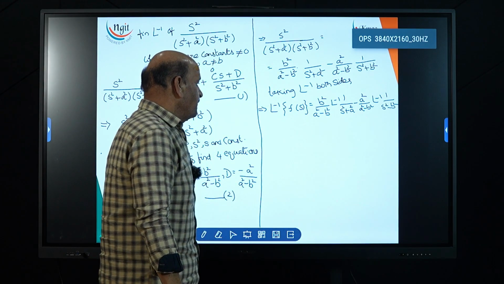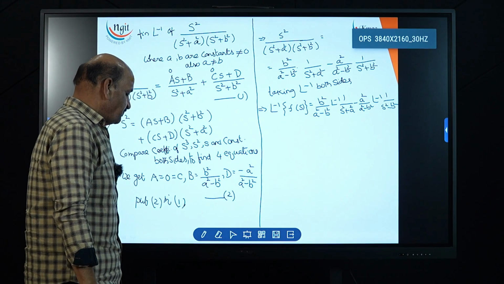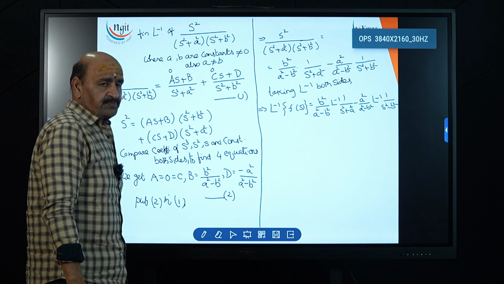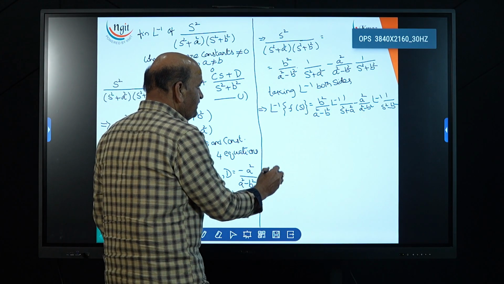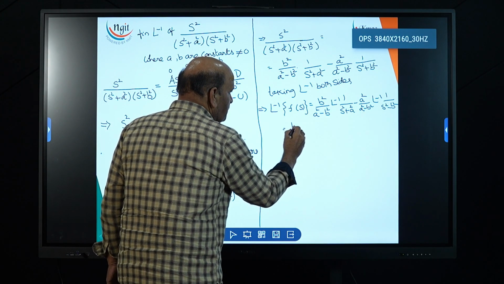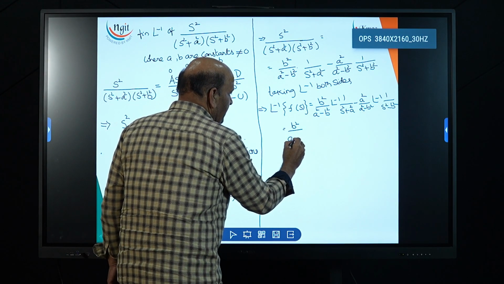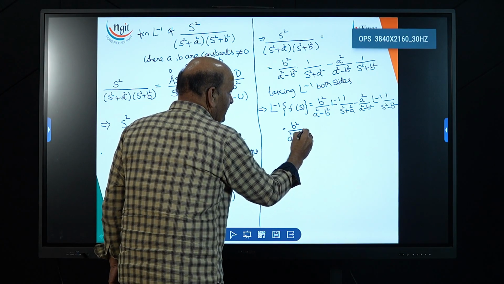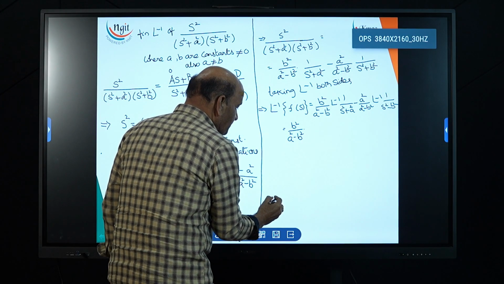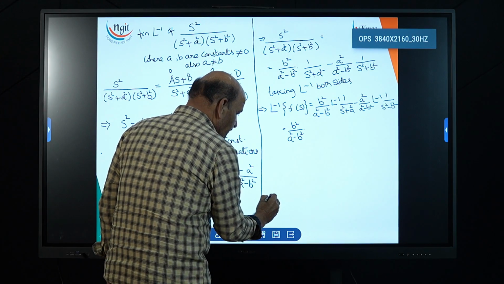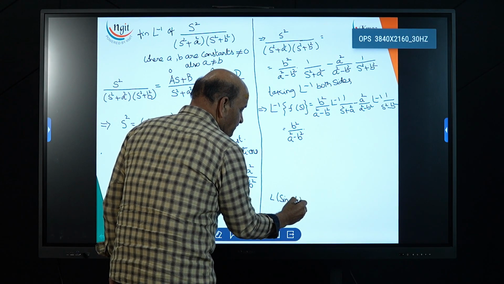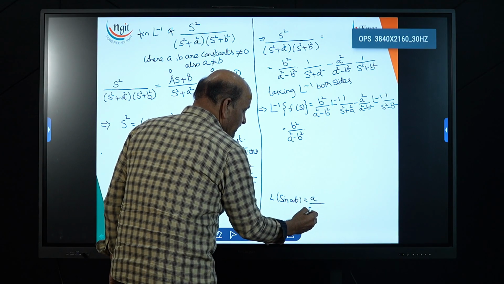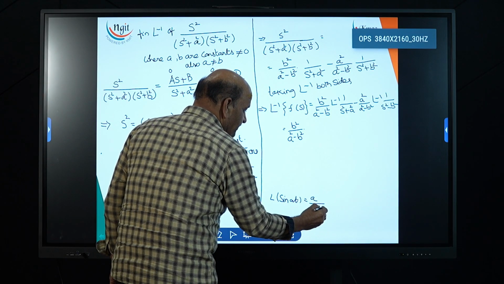Now just applying inverse Laplace transformation both sides. This is equal to constant b square by a square minus b square. In the previous case we already explained, L inverse of sin at is equal to a by s square plus a square.